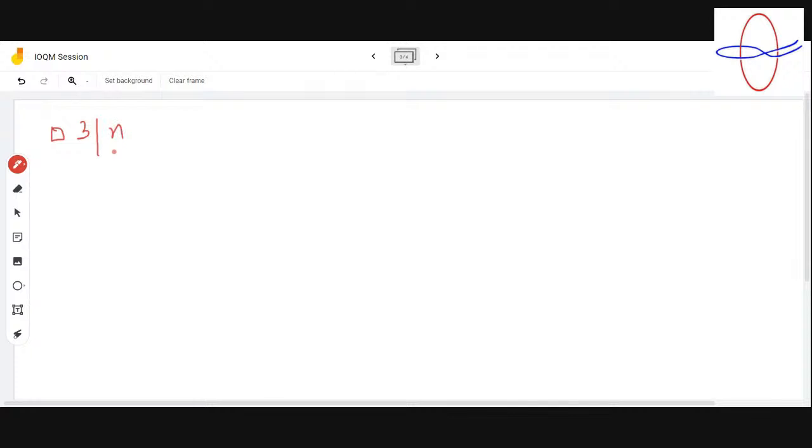3 divides n. So let's try to find out what the thing is now. n plus S(n) plus S(S(n)) is equal to 2007. For example, n equal to 3 will not happen.